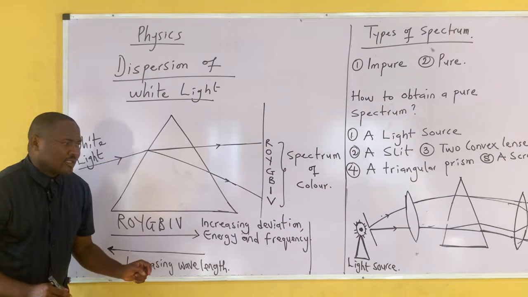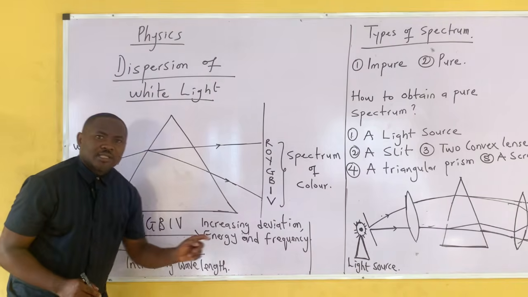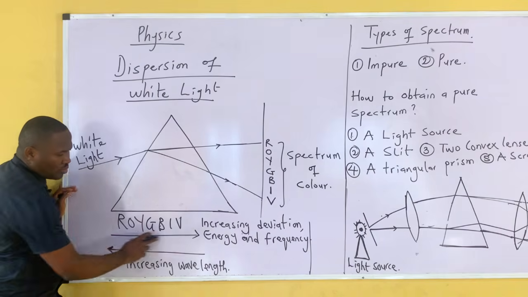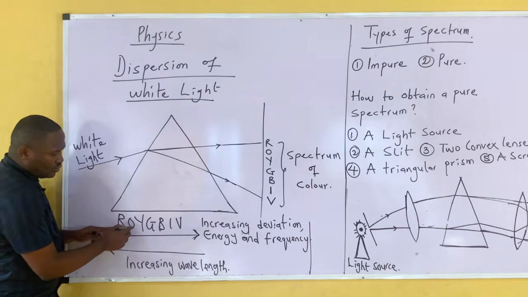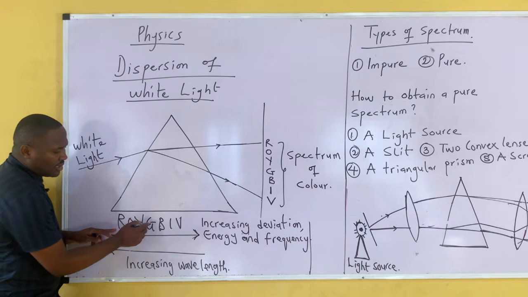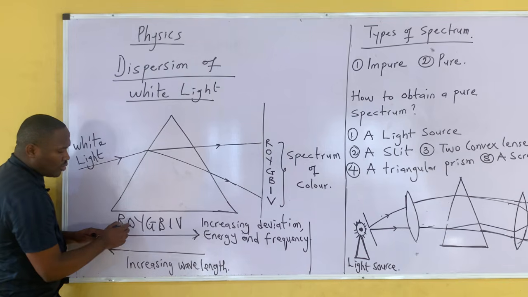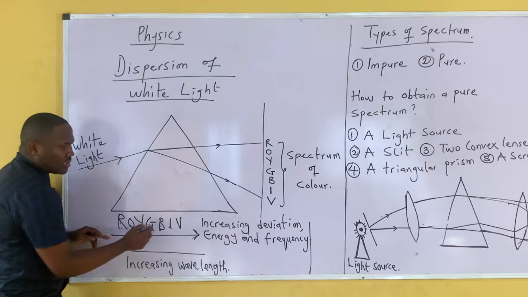Energy is increasing. And what again is increasing? Frequency is increasing. I reiterate again. As we go in this direction: red, orange, yellow, green, blue, indigo, violet.